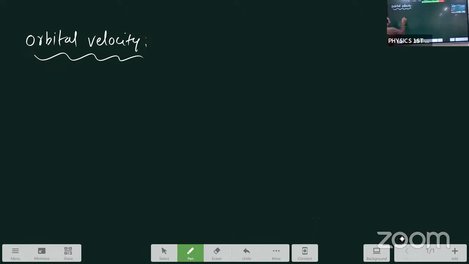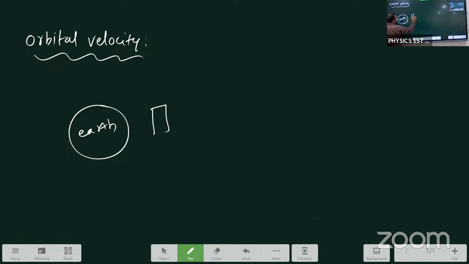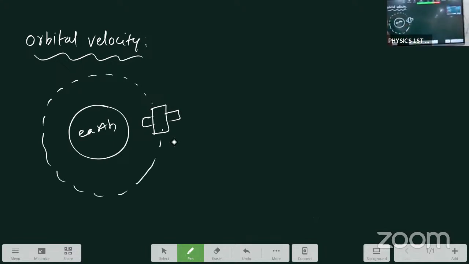Orbital velocity means, for example, this is the Earth and this is a satellite. Every satellite revolves around the Earth in a circular orbit. Minimum velocity. Every definition of orbital velocity and escape velocity starts with minimum.